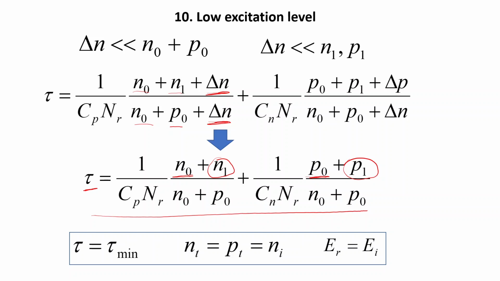Let us consider specifically parameters N1 and P1, because we want to determine the condition of minimum recombination lifetime, for the position of the recombination energy level. We have in both terms of this equation N1 and P1 in the denominator. So we will get minimum recombination lifetime if N1 and P1 have minimum values.